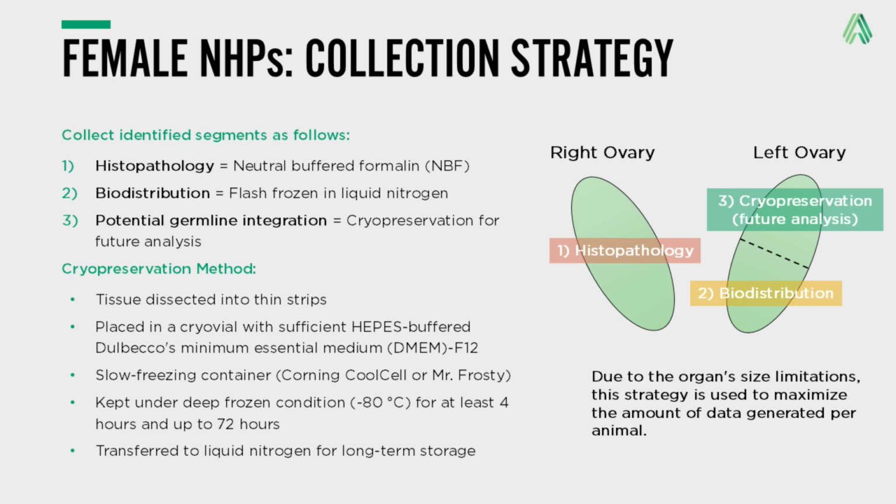The remaining ovary is divided with one half allocated to biodistribution analysis and the other half cryopreserved to allow for potential future germline or molecular investigations. This approach has proven effective in meeting both regulatory expectations and study objectives without compromising data quality.